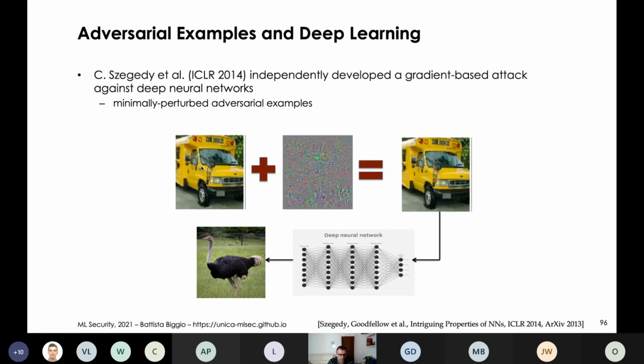But eventually what they discovered, and this is said by Ian Goodfellow in one of his main invited talks, was that surprisingly, perturbing these images just by a little bit was already enough to flip the decision. At the beginning, they even thought this was a bug in the code, because they were looking at the images and said, okay, this is the same image.